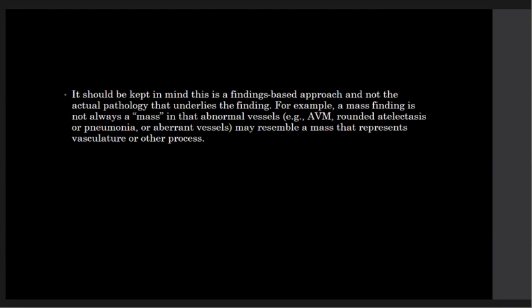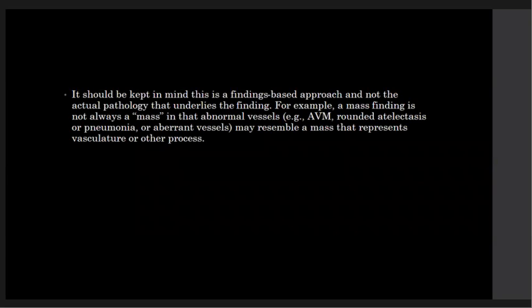The only structures visible in the normal lungs are the fissures and main bronchopulmonary vessels. Any other structures visible are likely abnormal. It should be kept in mind that this is a finding-based approach and not actual pathology, and it underlines the finding.